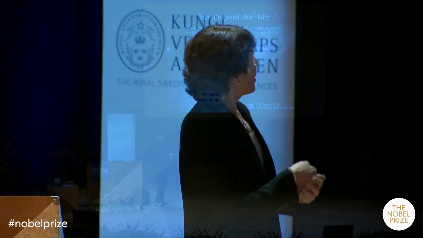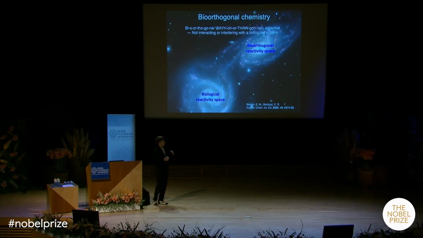And one way to think about that is that there is an enormous reactivity space that's described by biology. I like to think of biological reactivity space as a galaxy of chemicals within a much larger universe of chemicals. And it's a large galaxy, but there's a boundary around it.